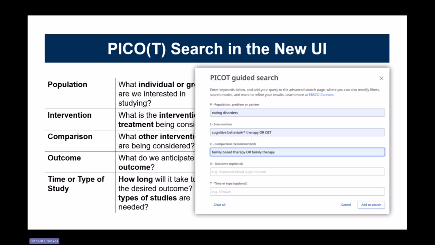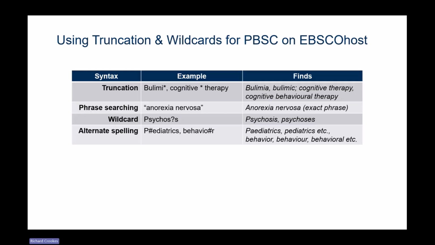And of course, it's not mandatory that you'd use all these fields. Essentially, the P and the I element of PICO, so the population, problem, or patient, plus the intervention, are the key elements that you need to populate for this particular app. Comparison may not be applicable, outcome may be implied, and again, time or type of study may not be necessary, as it were. So we'll go there live in a moment to have a quick look at that.